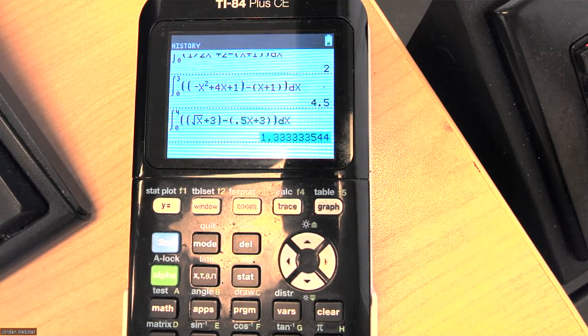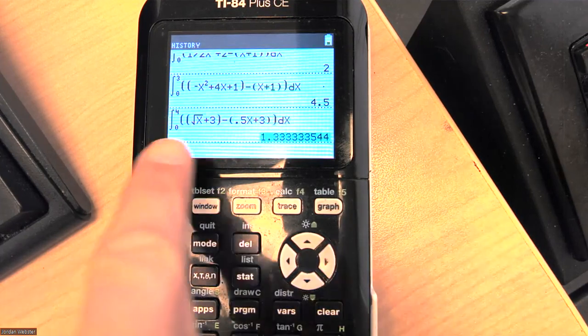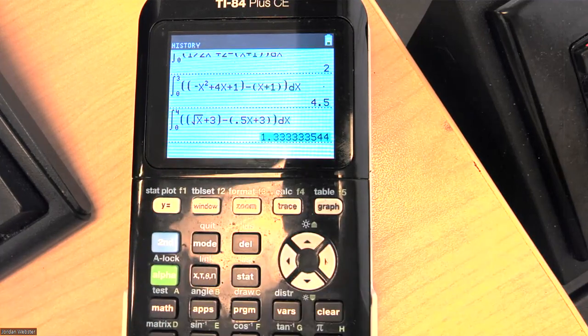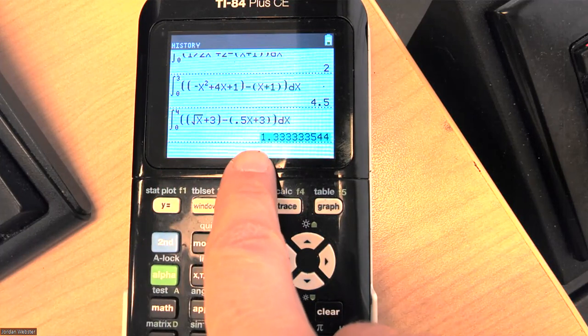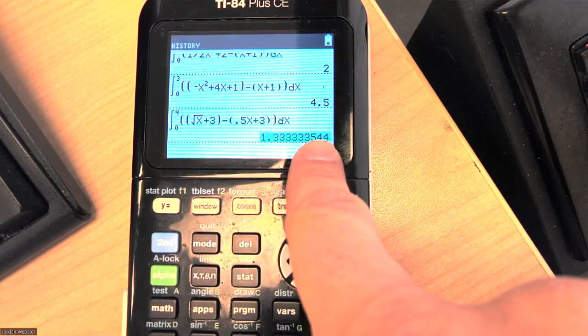And we get something that starts out looking like 1 1/3 and then has that 5, 4, 4 on the end. It turns out if you would have done this integration by hand, you would have gotten exactly 1 1/3. But the calculator is thrown off by a little bit.